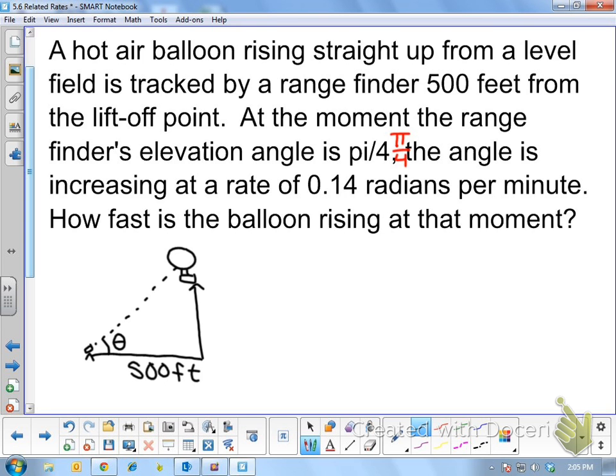So usually we would do dy dx, but we need to keep it in reference to our problem. So what are we going to label this? Close. It is going to be over dt. What's changing over time that we have this rate for? The angle. So d theta dt was 0.14 rads per minute. We should also label units with this.